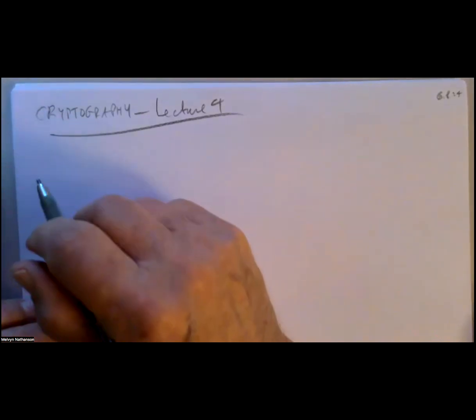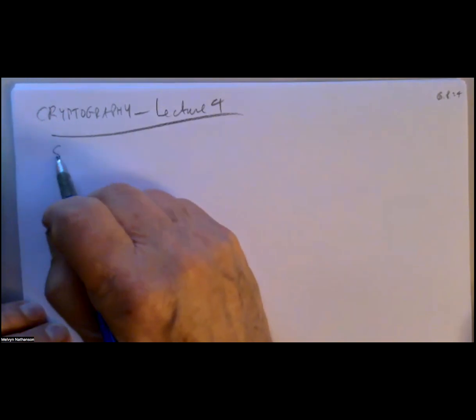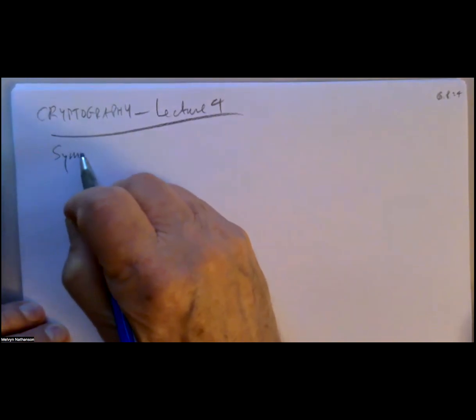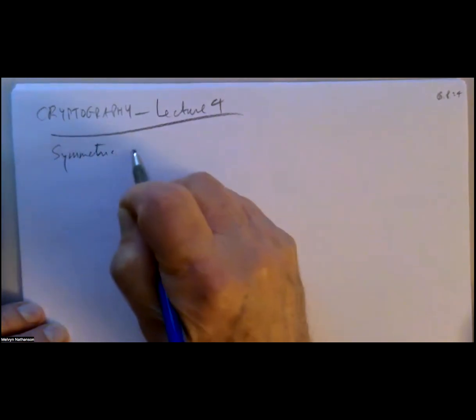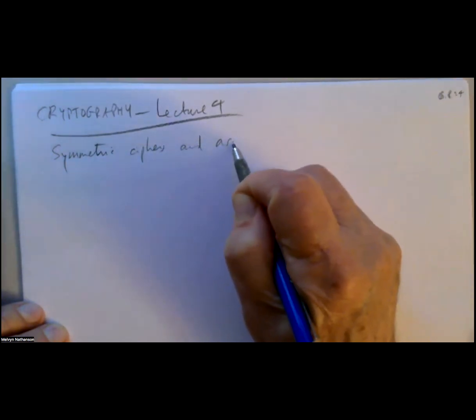So this is Cryptography, Lecture 4. And if you read in Chapter 1, there is a discussion about symmetric ciphers and asymmetric ciphers.